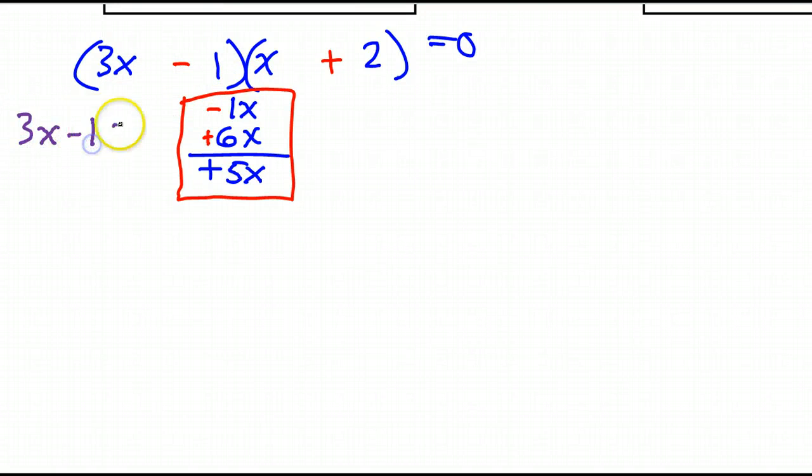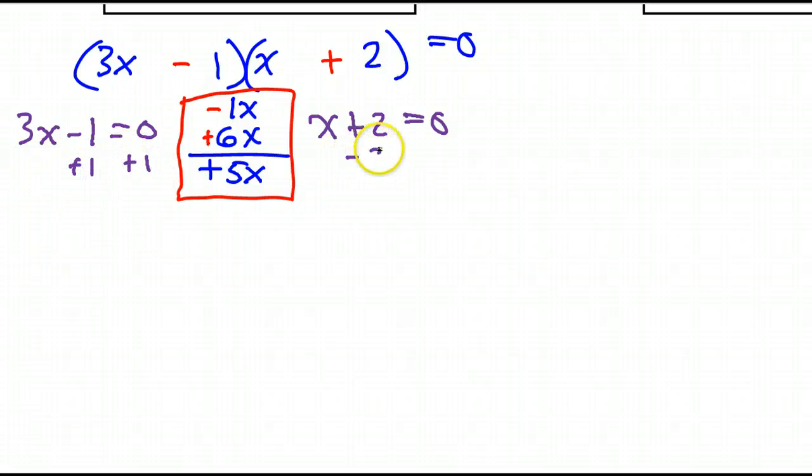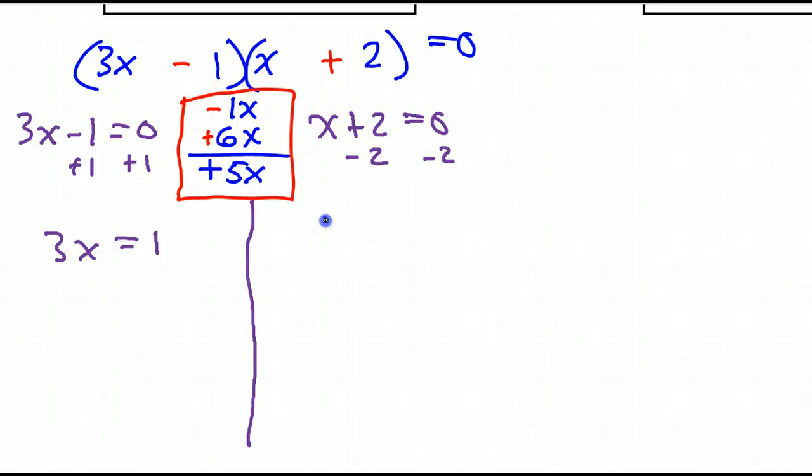So 3x minus 1 equals 0. x plus 2 equals 0. Add 1. Subtract 2. Okay, 3x equals 1. x equals negative 2.